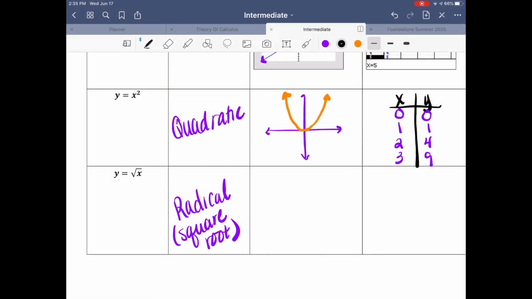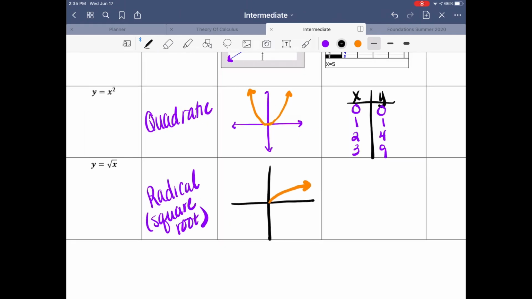I'm going to sketch a graph really quick just to show you. It goes that way. And then if I were to look at a table, x and y, let's try -4 for example. The square root of -4, you can't take the square root of a negative number.